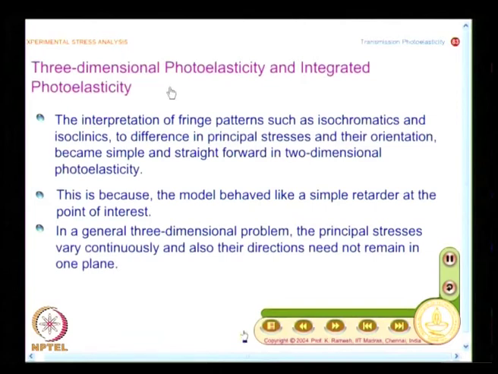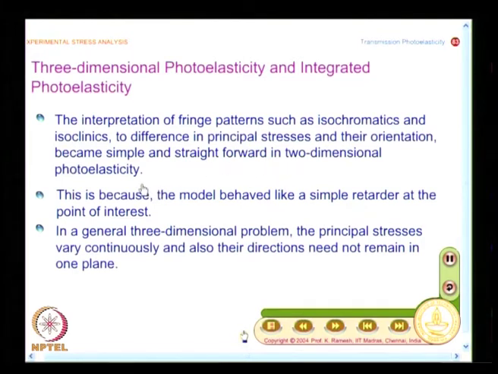Now, let us look at how we can go and analyze three-dimensional problems. So, we have three-dimensional photoelasticity, and it is important to look at the interpretation of fringe patterns such as isochromatics and isoclinics to difference in principal stresses, and their orientation became simple and straightforward in two-dimensional photoelasticity.